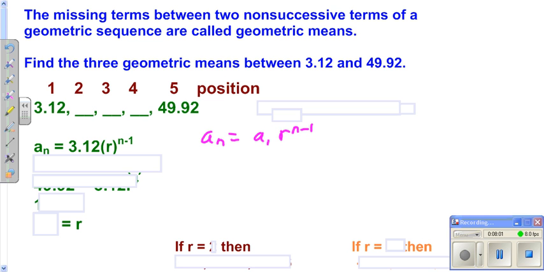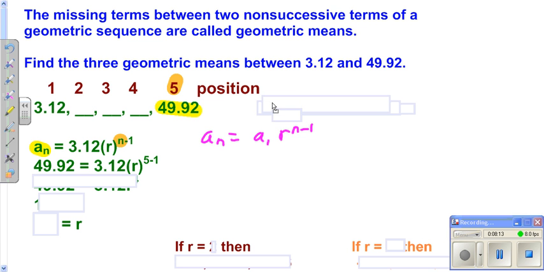Now I'm going to plug my last term in, and I'm going to plug in the position of that last term. This will then allow me to figure out what r is. So my last term equals my first term times r to the position of the last term minus 1. The n here always has to match up with the position of this one here. So I really get all this to the fourth power.